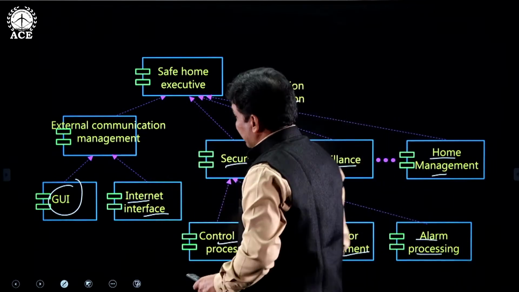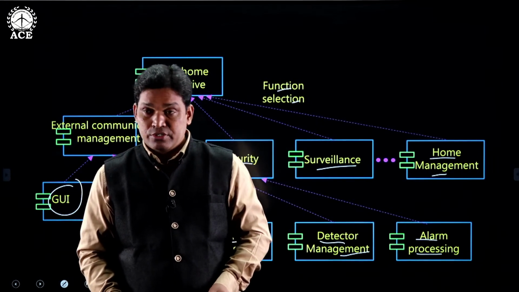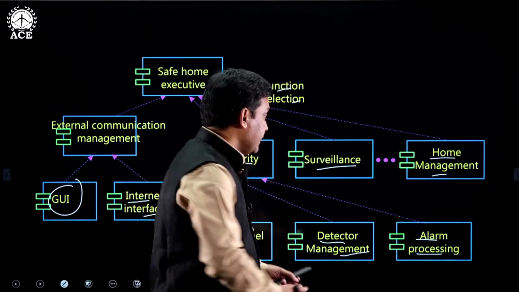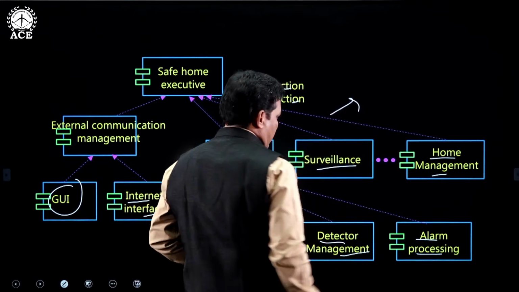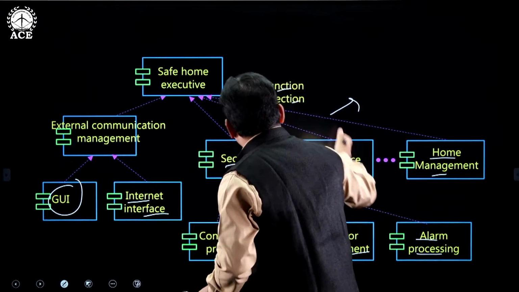The safe home security system is a collection of components, interfaces among components, and relationships. These are all the components in UML.